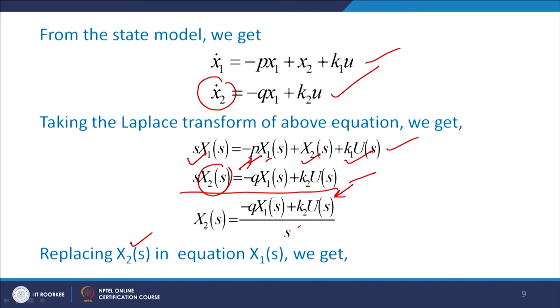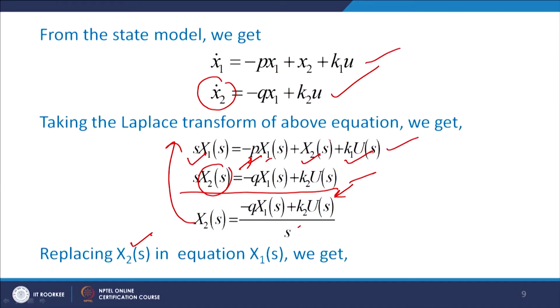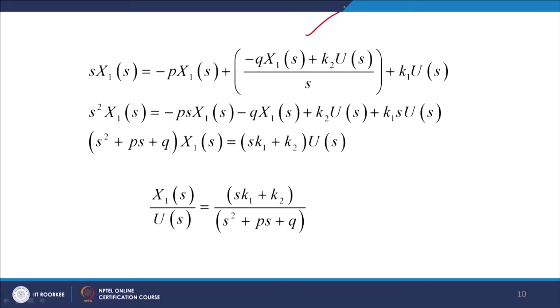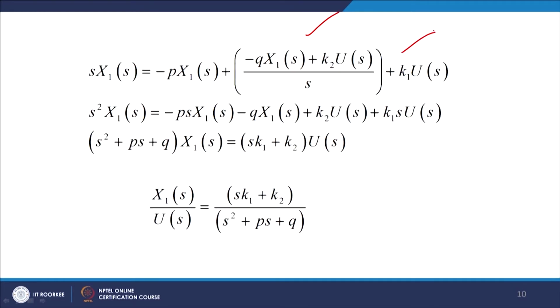Replacing x2 of s, we get s x1 of s plus p x1 of s, here we have replaced this, equals this plus k1 into u of s.